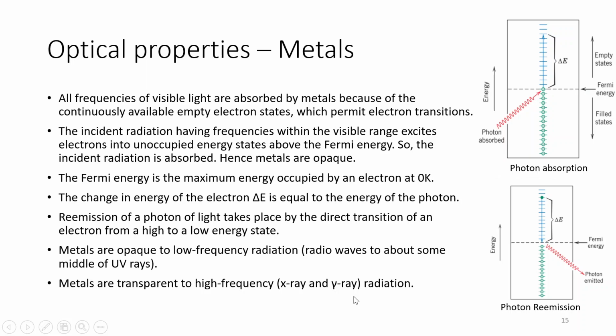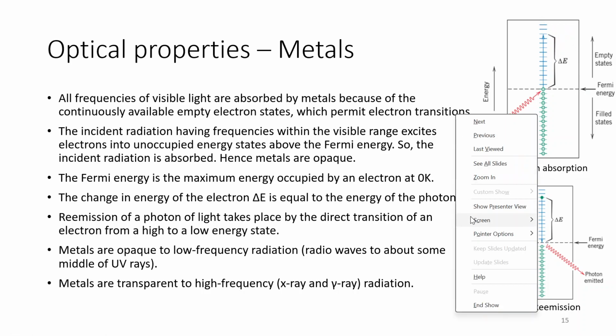Now optical properties of metals. All frequencies of visible light are absorbed by metals because of the continuously available empty electron states, which permit electron transitions. The incident radiation having frequencies within the visible range excites electrons into unoccupied energy states above the Fermi level.